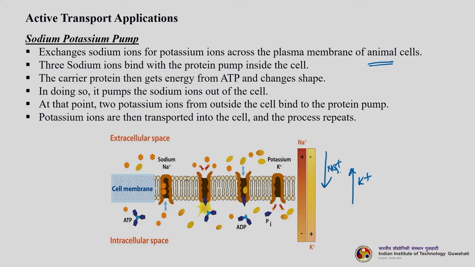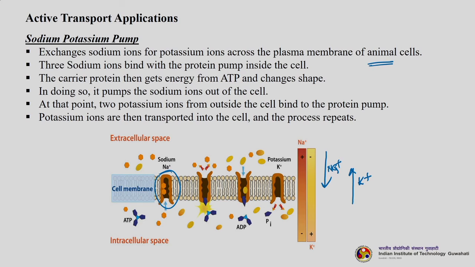Three sodium ions bind with the protein pump inside the cell. Then the carrier protein gets energy from ATP and changes its shape. In doing so, it pumps the sodium ions out of the cell. These are the pumps. At that point, two potassium ions from outside the cell bind to the protein pump.